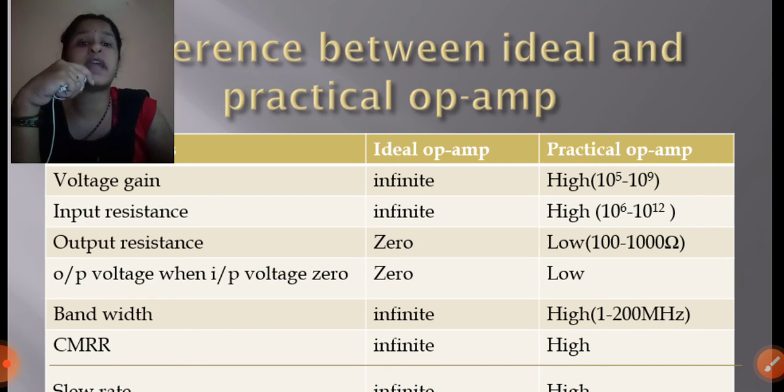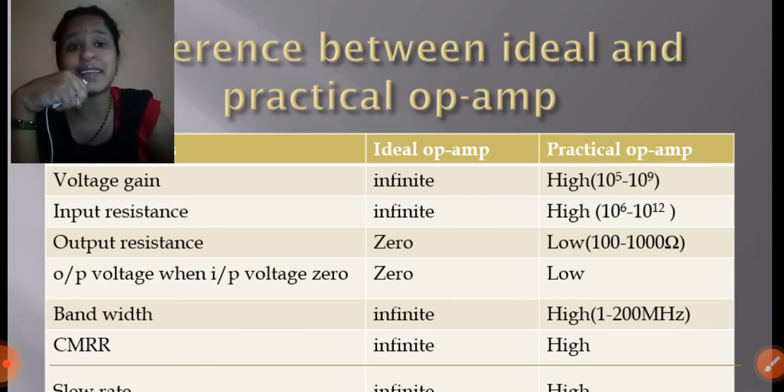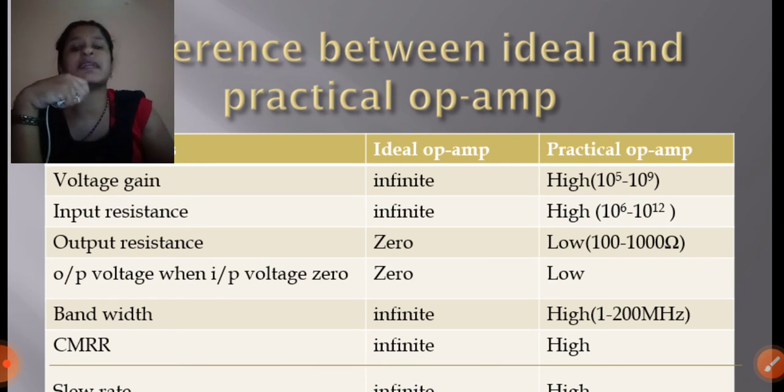Output voltage when input voltage is 0: it is 0 volt. I told that input voltage is 0, so obviously the output voltage is also 0. Practically we can tell it is low, but we can't tell it is 0. It is at least a microvolt or a millivolt.